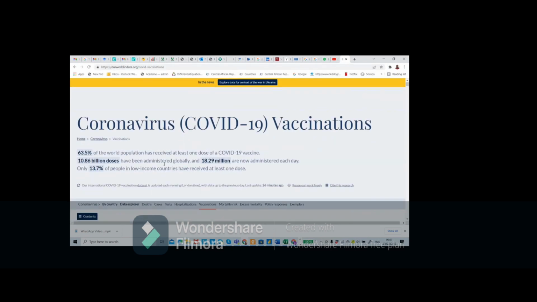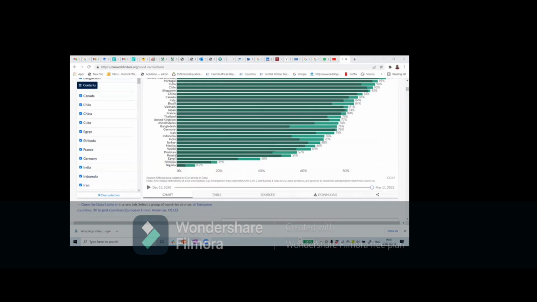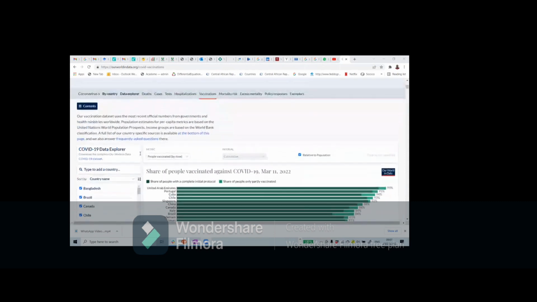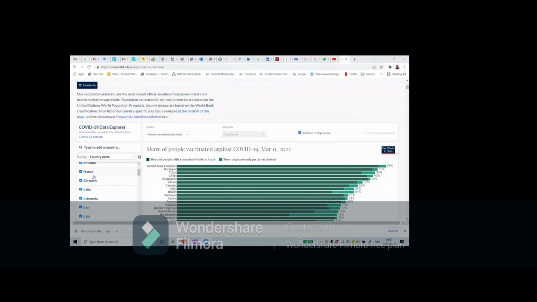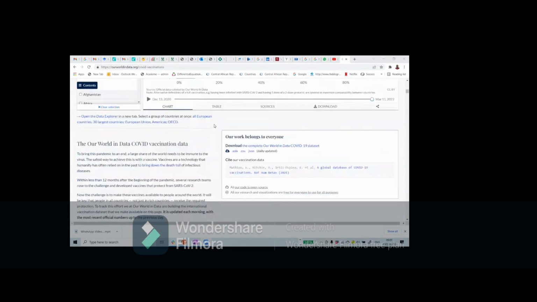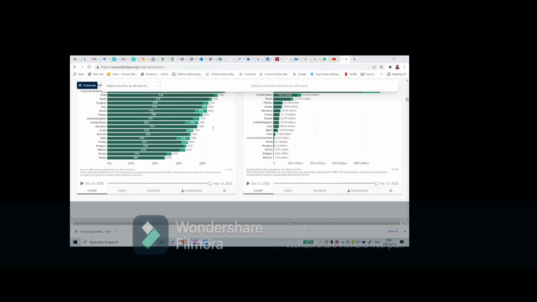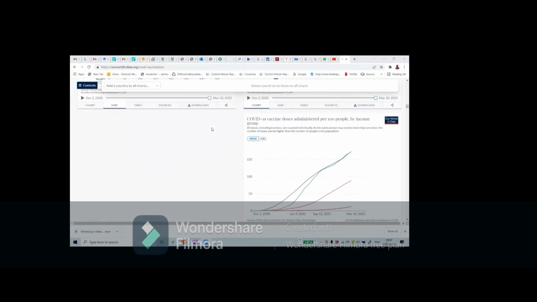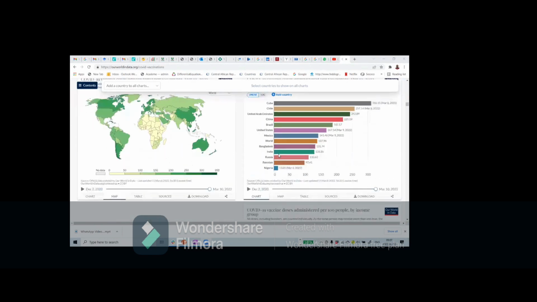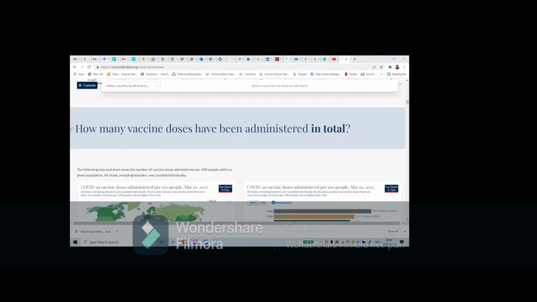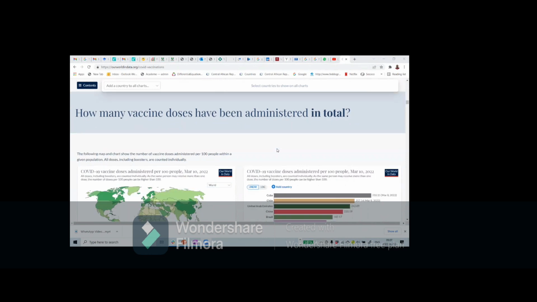Yes, sir. Now, I'm just giving you an example. I'm not the one that collected this data. Somebody else did. These are the secondary data. They did this on behalf of the nation. You can see these are the processed data we are talking about. They've collected the numbers, for example, how many vaccine doses have been administered in total. We have it here.